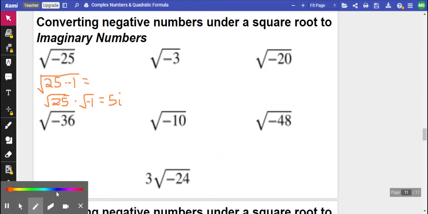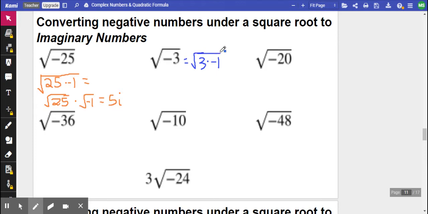So along a similar line of logic, we can look at the square root of -3, and we could write that basically as being equal to the square root of 3 times -1. And then we can split that into 2 different square roots, one being 3, one being -1.